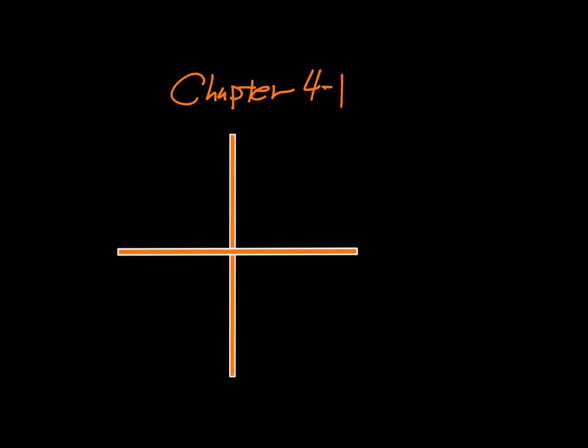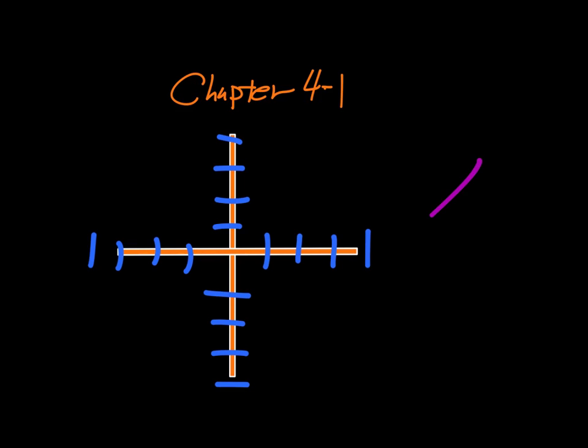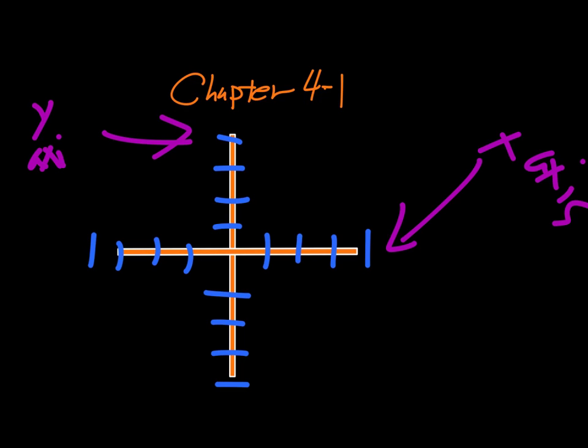Alright. So, if I have 1, 2, 3, 4 in each direction, this here is called the x-axis. This here is called the y-axis.